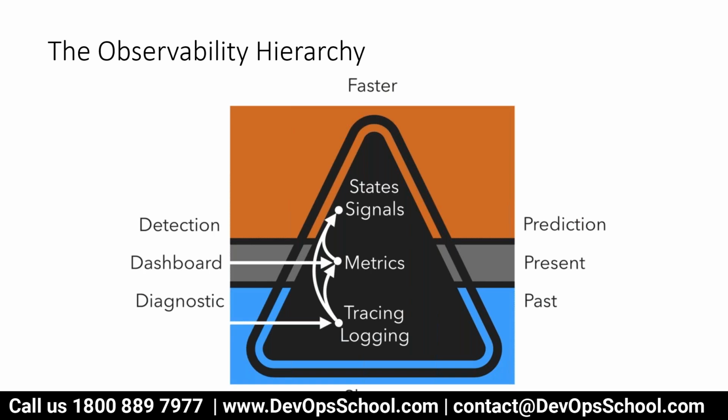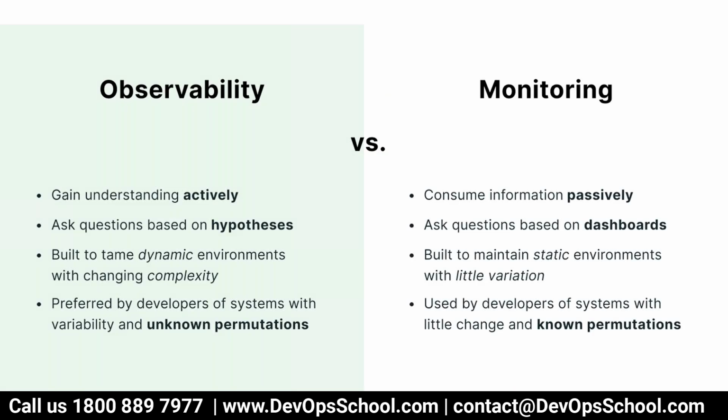Some of the metrics you get are what is happening in the present, for example CPU, RAM, disk space usage. The live data you may see on the dashboard is present information. But from the tracing, logging, and metrics, you may get some stats and signals which you may detect, and using that you can predict the future. That is called observability.